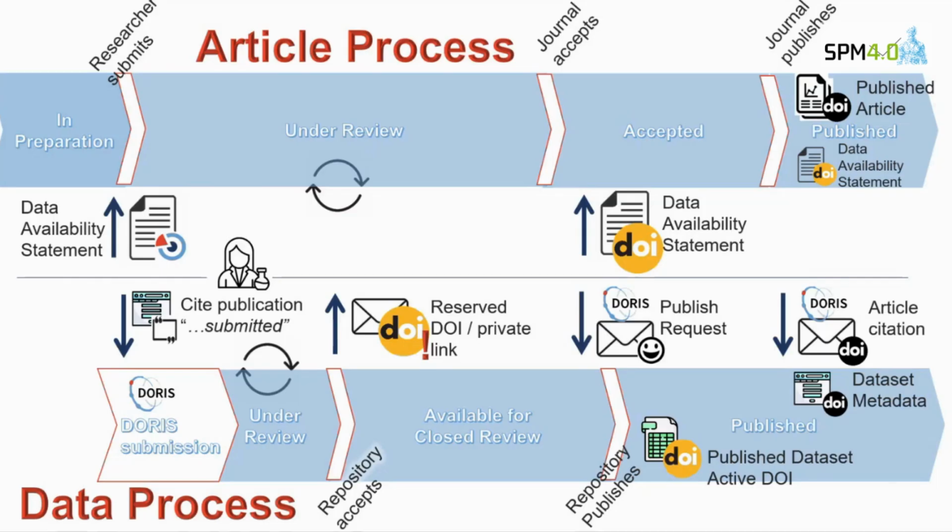And then, because they're not going to publish until this link works, you've got to go back to your repository and say, now you need to publish your data. And some repositories, you can do this yourself with a click. Ours, you send a message and we do it. And so then your dataset DOI is live and your article can be published.